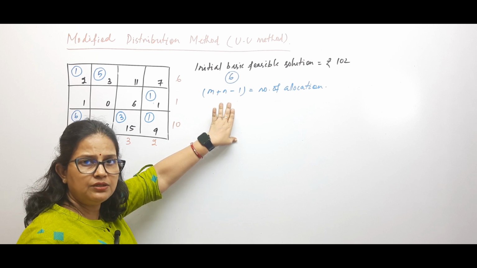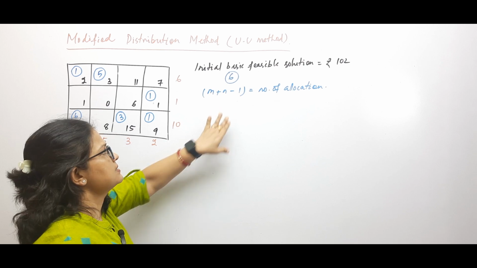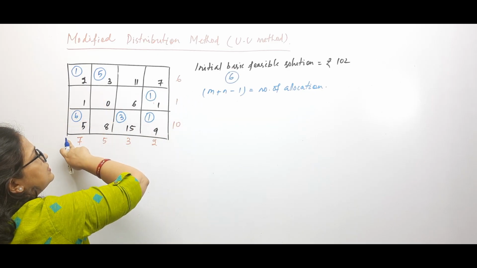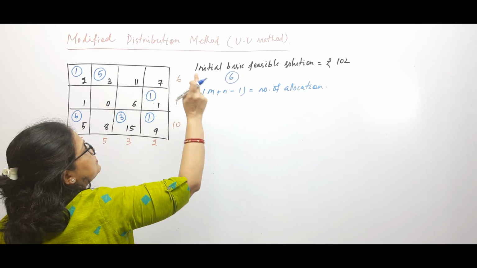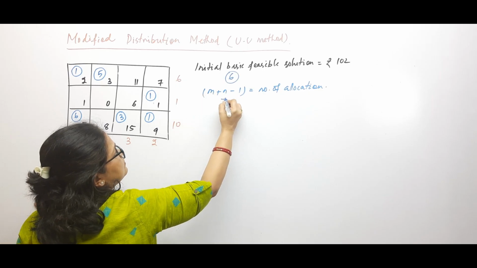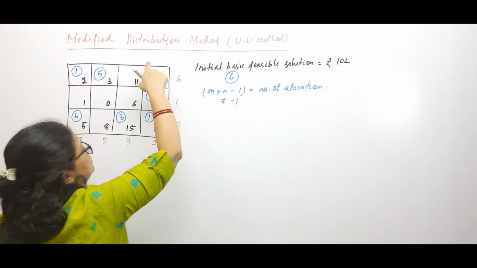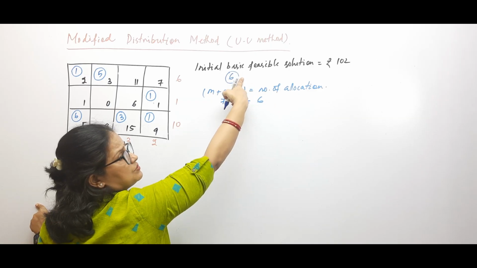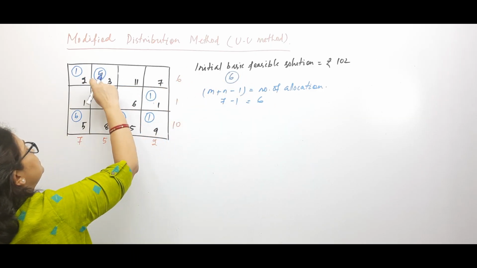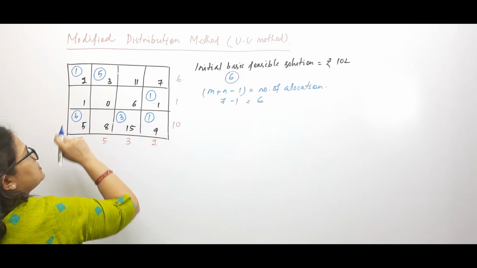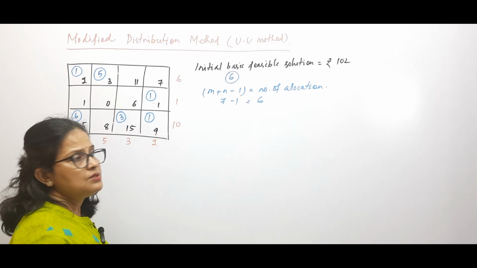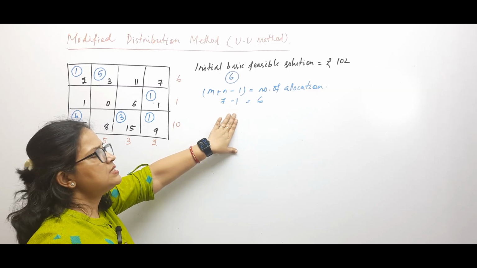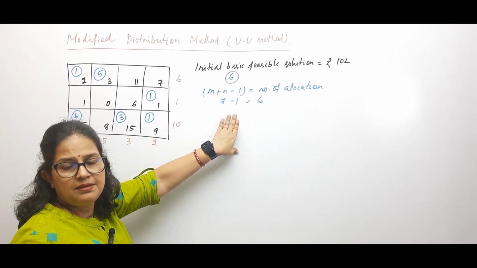After that only we can go for the optimality test. The number of rows is 3 and the number of columns is 4. So 3 plus 4 is 7, 7 minus 1 is 6. This equals our number of allocations, 1, 2, 3, 4, 5, 6. So we can go for the optimality test. This is our first step. What is our next step?